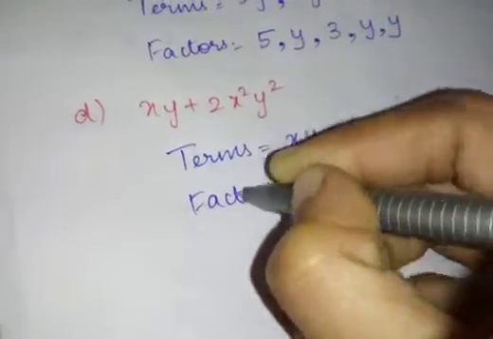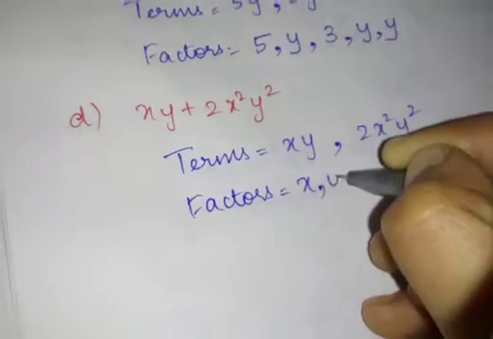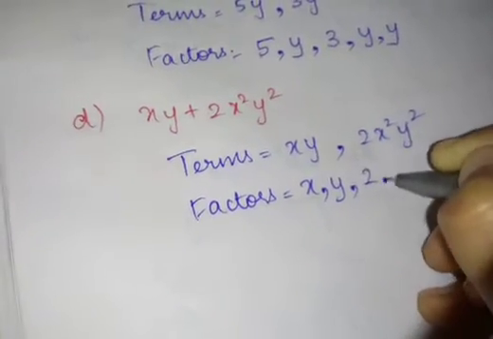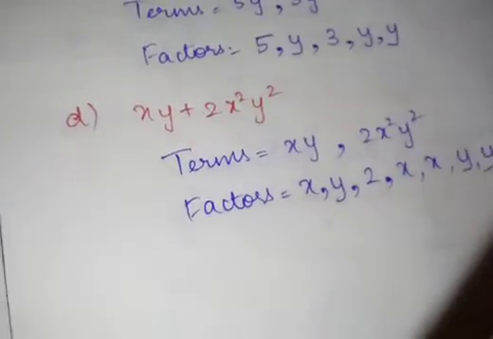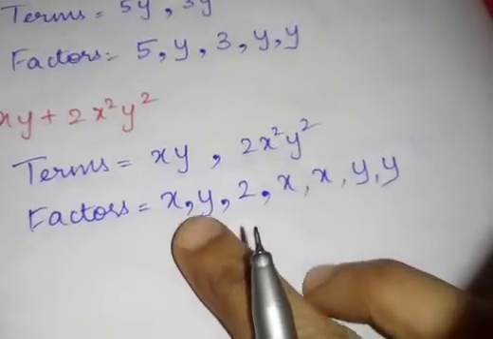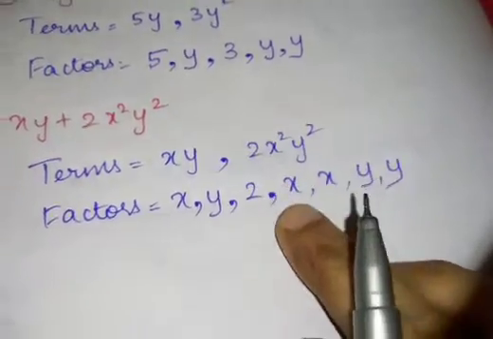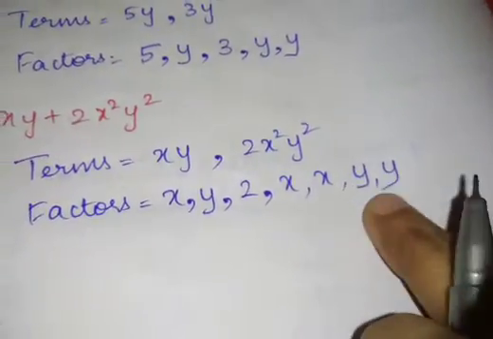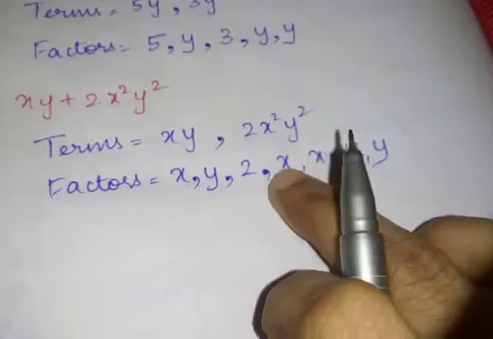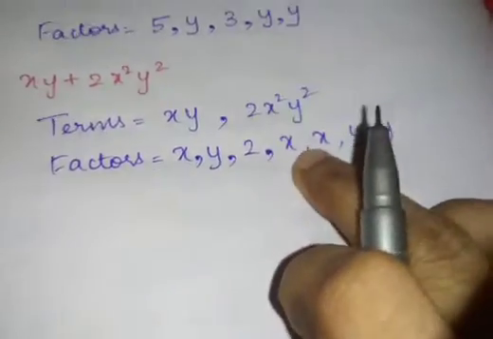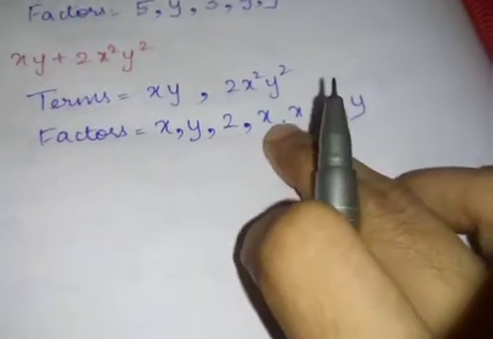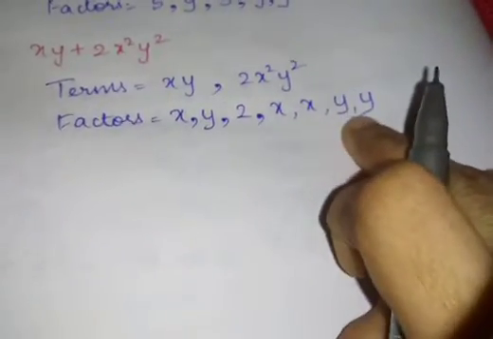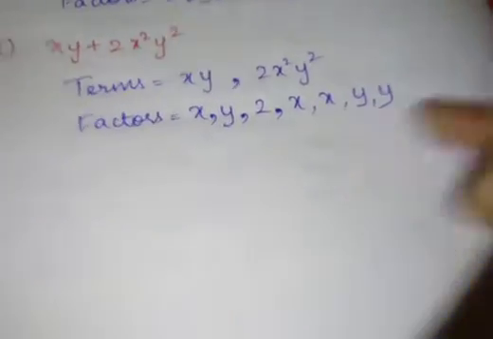Factors, what are the factors now? x comma y comma 2 comma x comma x comma y comma y, because x is square, no, so x is divided into 2 and y is separated into 2 because it is y square. D problem is your homework.